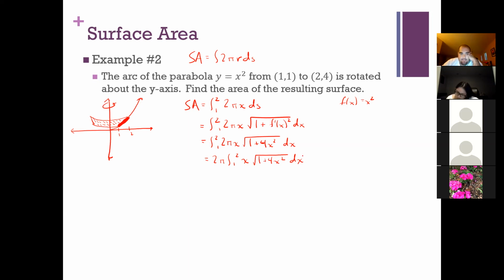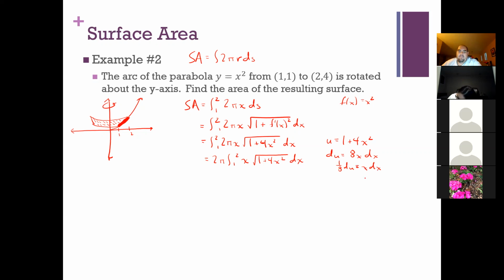So how do we deal with this integral? I'm sure u substitution popped in at least one mind here. So 1 plus 4x squared is equal to u, which means du will be equal to 8x dx, or 1/8 du is equal to x dx.